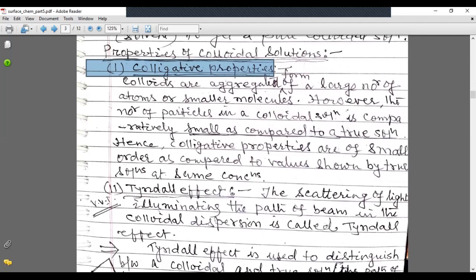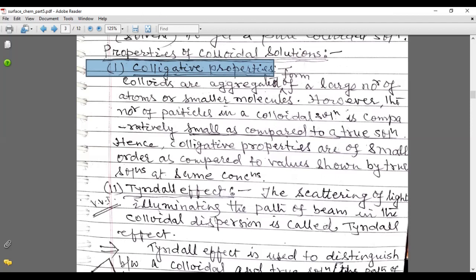However, the number of particles in a colloidal solution is comparatively small as compared to a true solution. Hence, colligative properties are of small order as compared to values shown by a true solution at the same concentration.